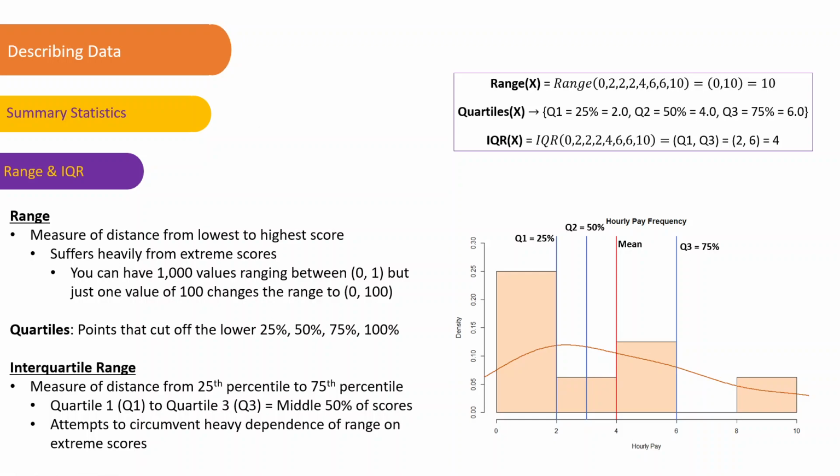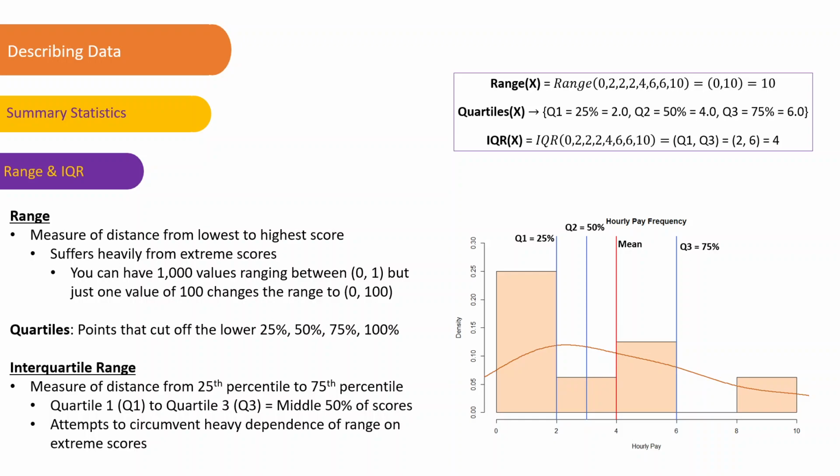So your range would be 0 to 1. But just one single value of 100 will now change your range from 0 to 1 to 0 all the way to 100. So even though you have 1,000 scores that fall between 0 and 1, just one extreme observation can drastically change your range.